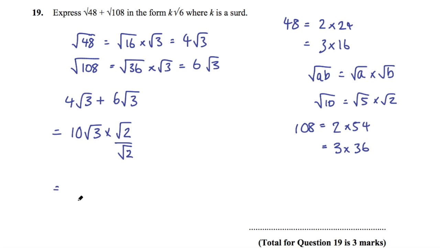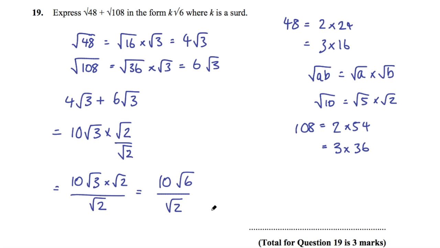So what I'm going to end up with is 10 root 3 times the square root of 2 divided by the square root of 2. So this now becomes 10 root 6 divided by the square root of 2, and therefore that factor before the square root of 6 will be 10 on root 2. So k equals 10 on root 2.